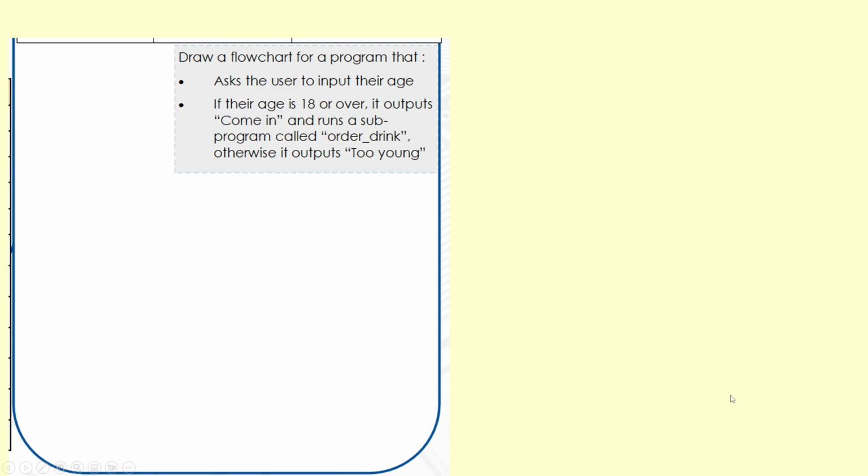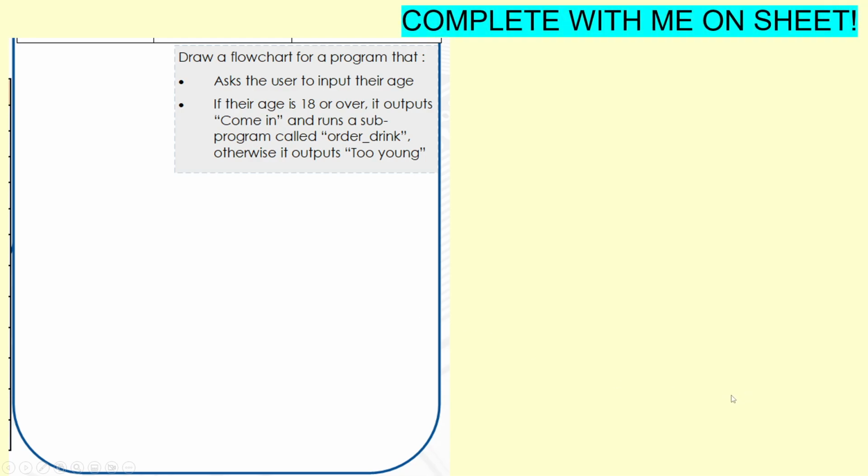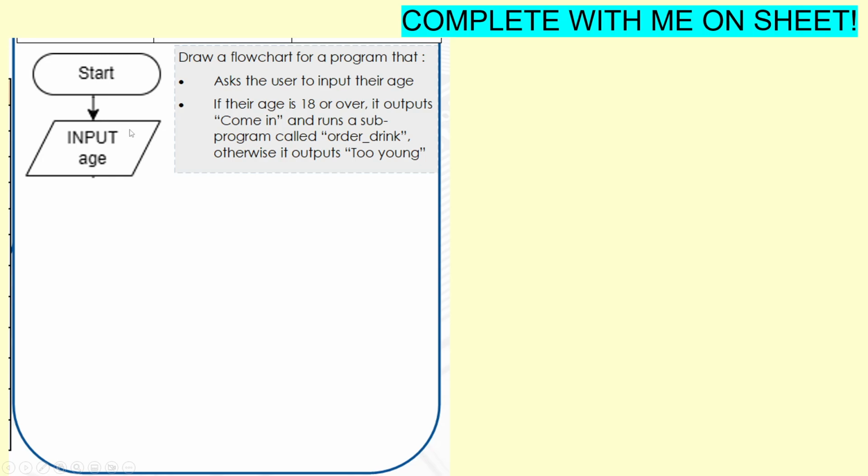So do this with me. Complete this on the sheet. Firstly, we've got our start at the start of the program. It doesn't say that, but we know there's a start at the beginning, a terminal box. I've got my input for age. So all you have to do is literally input age. We then have a decision. It says if the age is 18 or over, so age greater than or equal to 18.